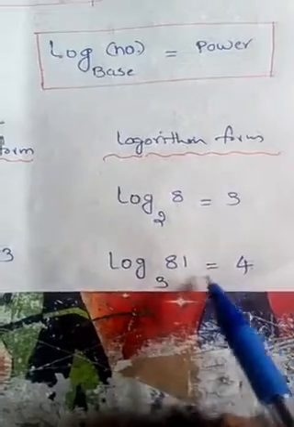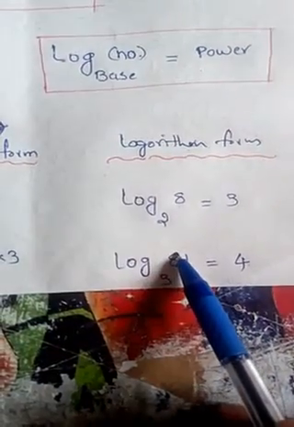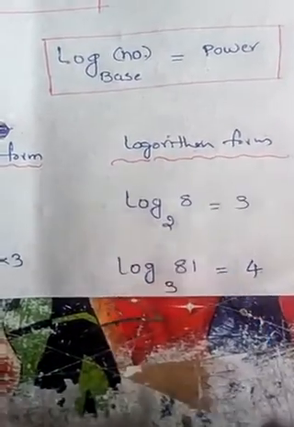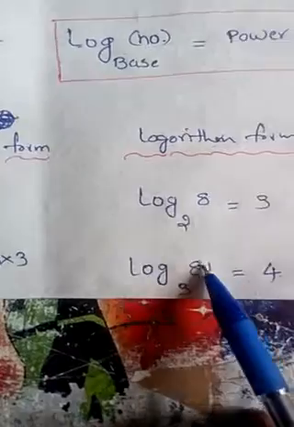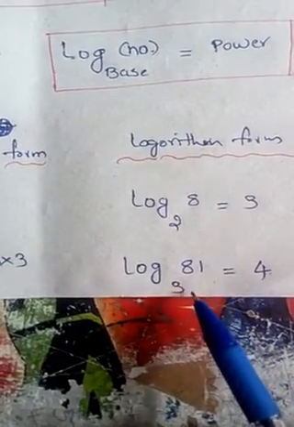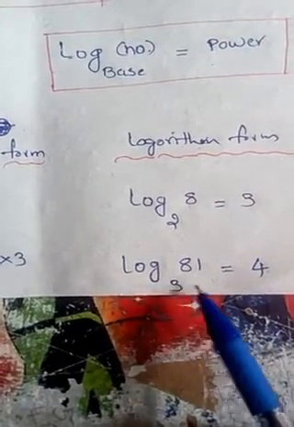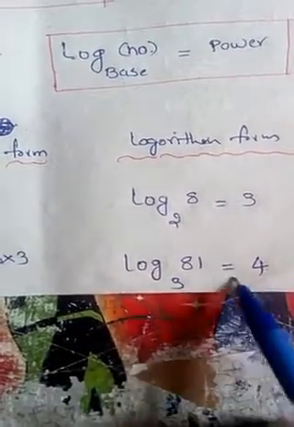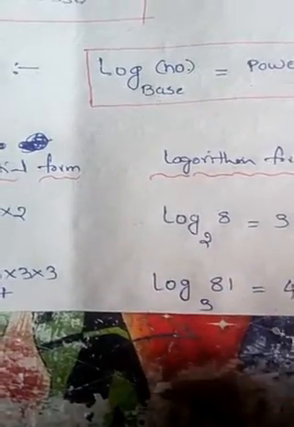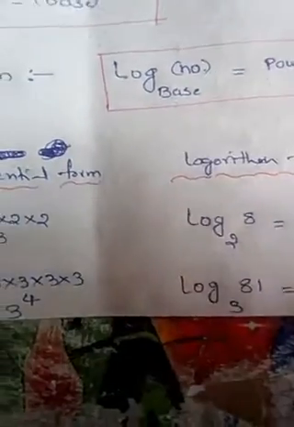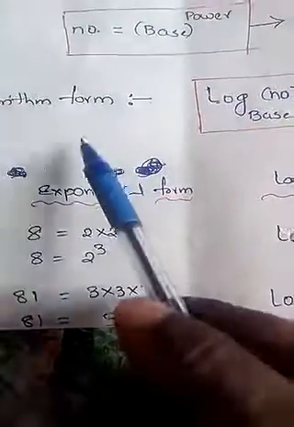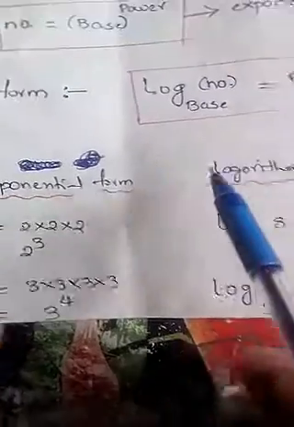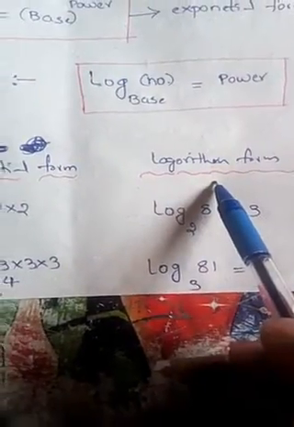Log 81, and the base is 3. Log 81 for the base 3 equals 4. We are converting exponential form to the logarithm form.